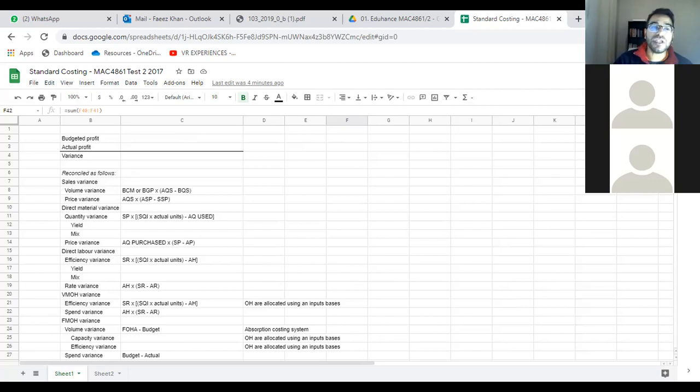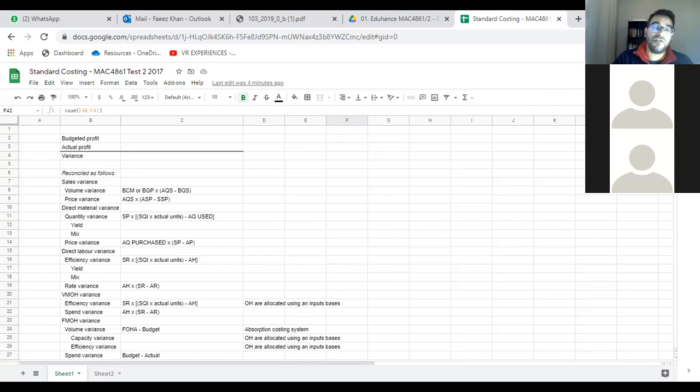Then when we come to the actual formulas, tell yourself you are basically trying to reconcile budgeted profit to actual profit. It will most likely be a variance. Because you are reconciling profit, it is sales less costs.